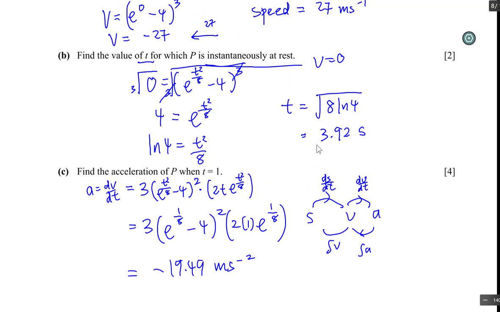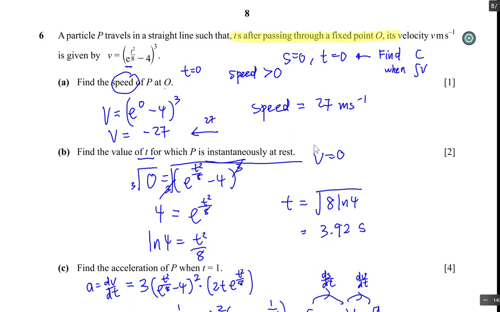Okay, where's my mistake? When I differentiate this part, I actually got it wrong. You differentiate with respect to t, no longer x. When you differentiate e^(t squared over 8), you differentiate the whole thing. Just now I only differentiated the t squared, and I cannot ignore the 8.